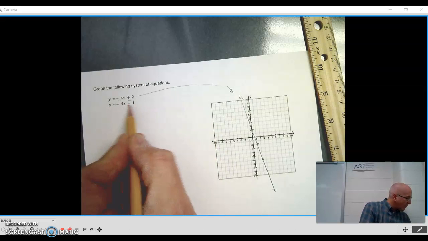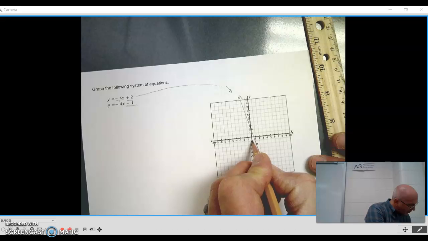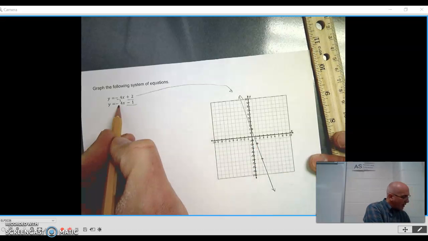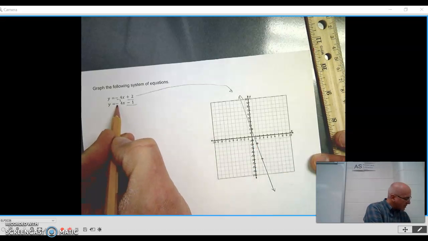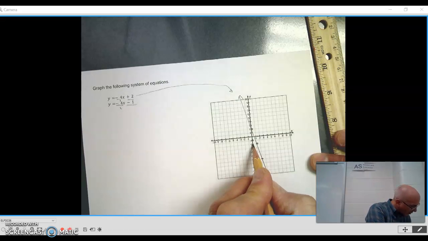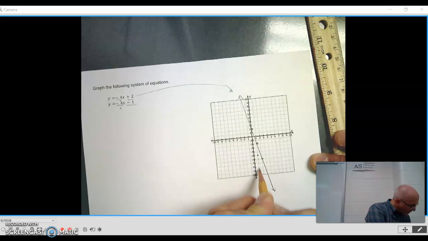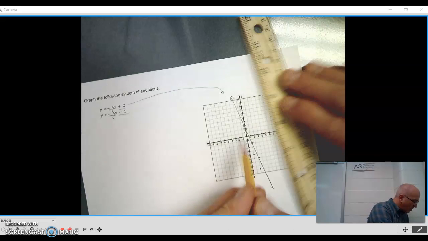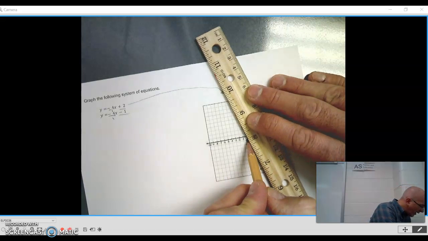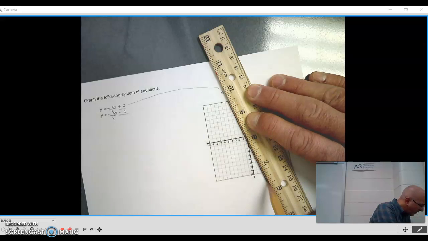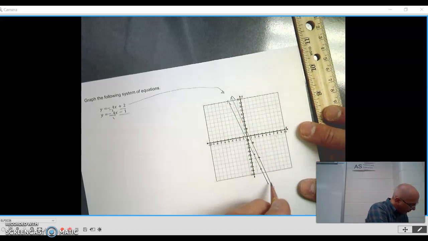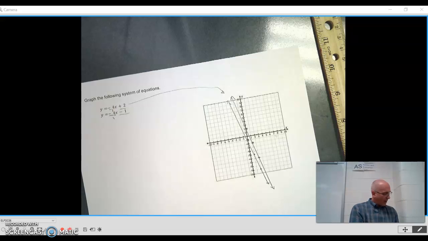So I have a y-intercept of negative 1 and then a slope of negative 4. So that's negative 4 over 1. So I go down 4, 1, 2, 3, 4 over 1. So when I graph that line, now my graphing isn't exact, but you can see that those points never intersect.